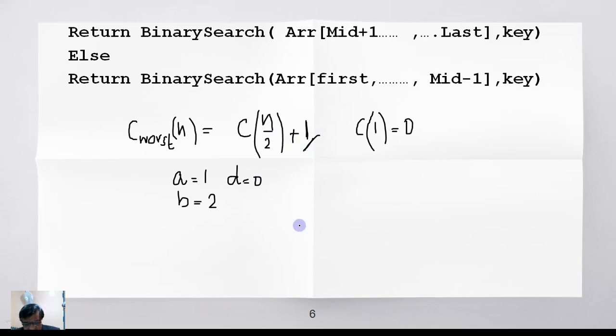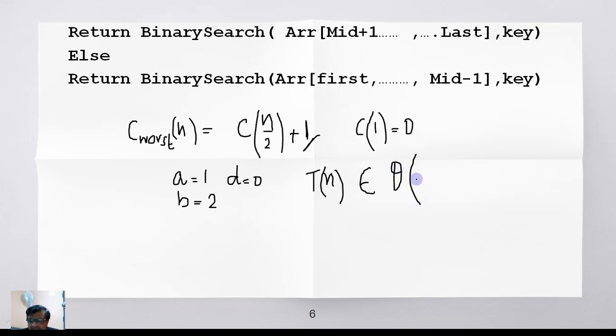So this matches Master's theorem. It falls under the condition a equals b to the power of d, since a is 1 and b to the power of d is also 1. Therefore the time complexity of binary search as a function of input size belongs to big theta of n to the power of d log n.